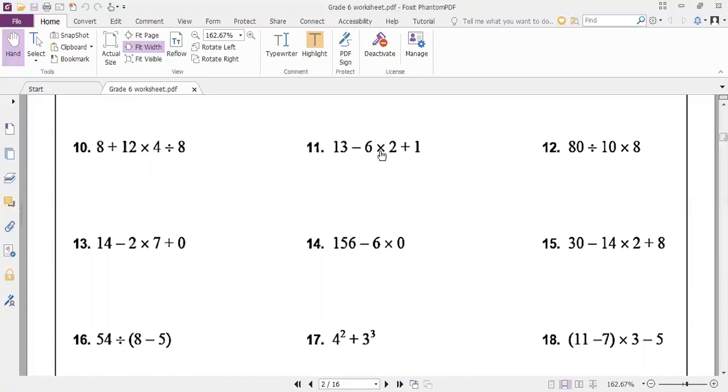If I have minus and plus like this, I make minus because I go from left to right. 13 minus 12 equals what, Muhammad? 1. 1 plus another 1 equals 2. Okay, Muhammad? You understand it?